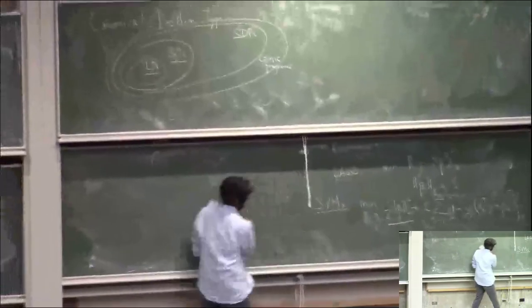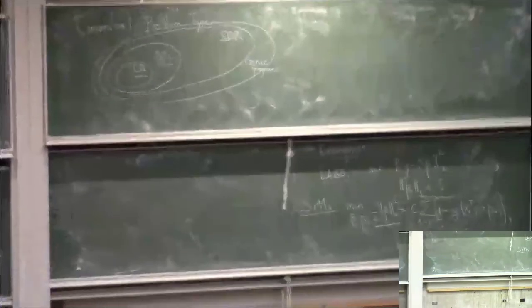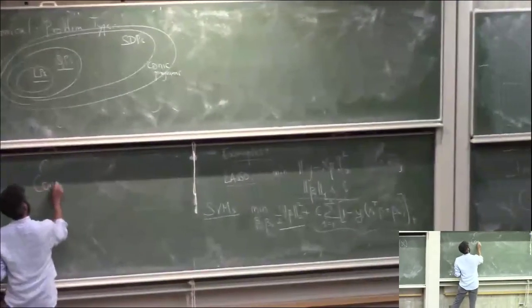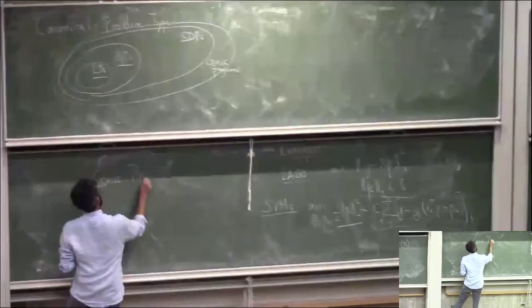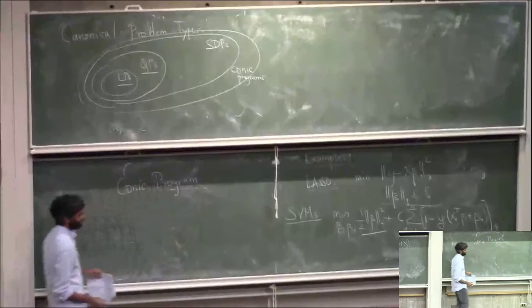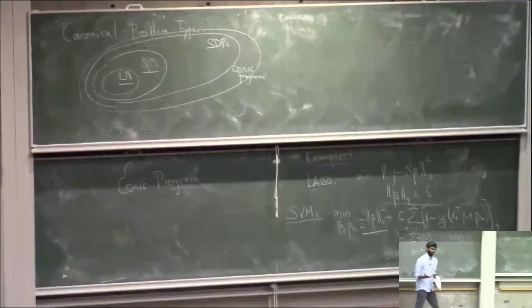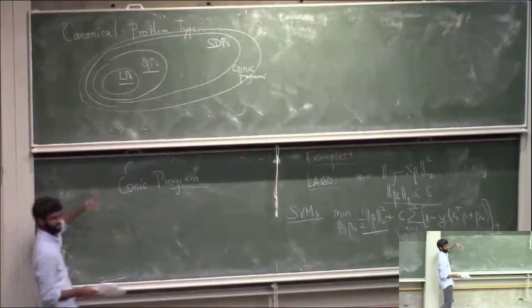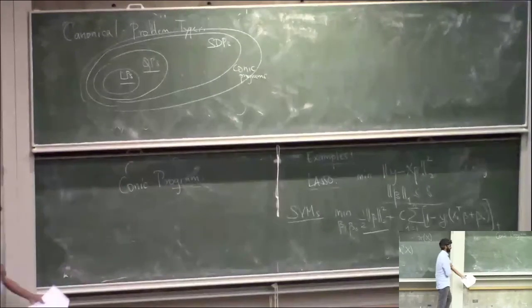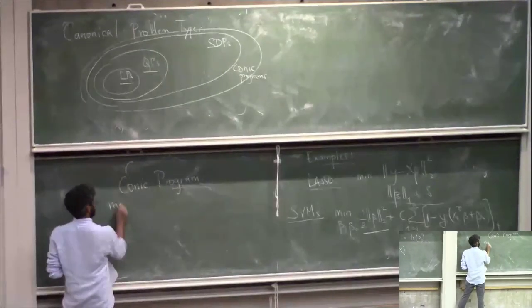So what's a conic program? I thought really hard and couldn't think of a good example of a conic program that's not an SDP, but just take it as a generalization that one can write down. So what is the generalization?